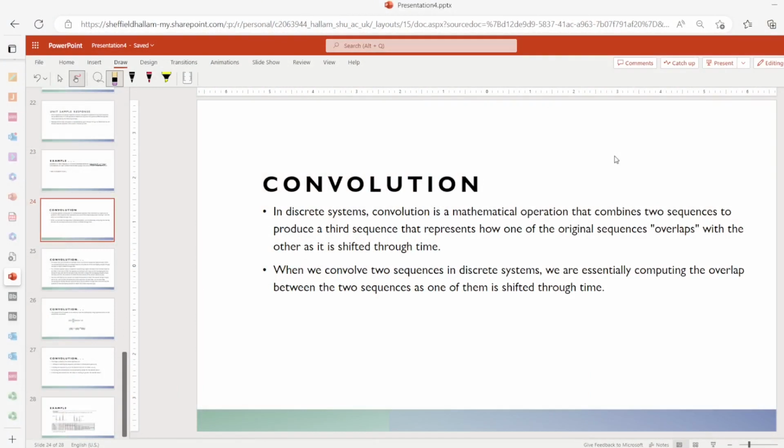In discrete systems, convolution is a mathematical operation that combines two sequences to produce a third sequence that represents how one of the original sequences overlaps with the other as it is shifted through time. When we convolve two sequences, we are essentially computing the overlap between them as one of them is shifted through time.